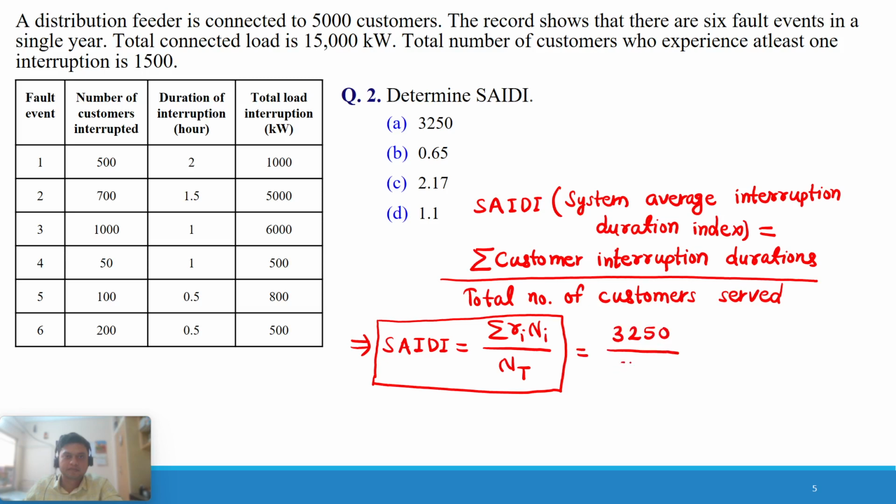It should be divided by 5000. So this will give you 0.65 hour per customer served.